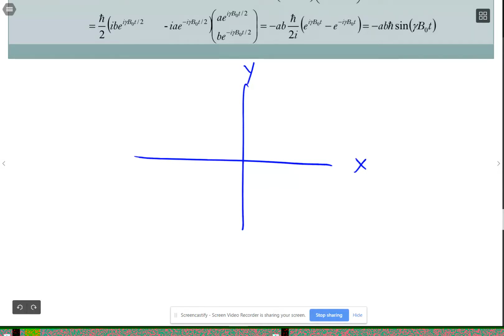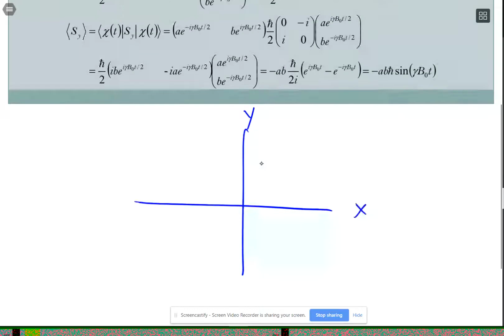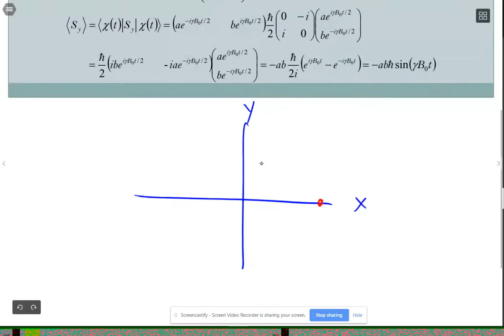Let's just start with time equals 0. What's the value of cosine 0 at time equals 0? And what's the value of sine of 0 at time equals 0? So we know that at time equals 0, it's going to be there. Now, as time goes slightly positive, what's happening to the X component?